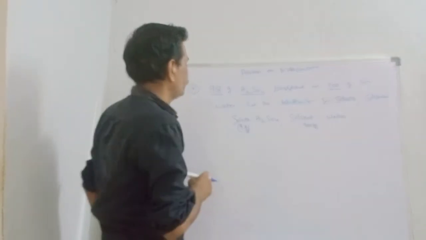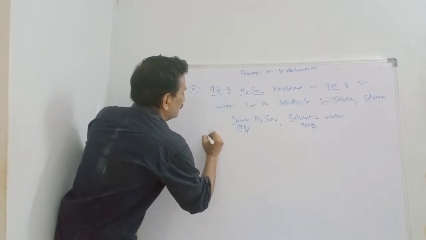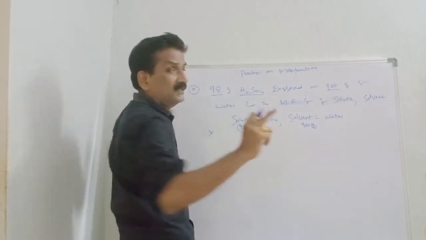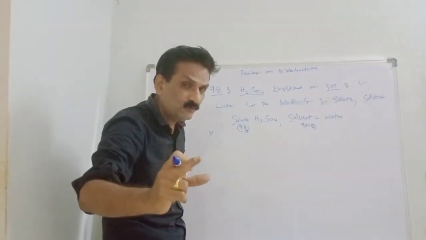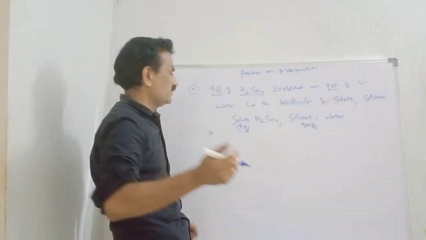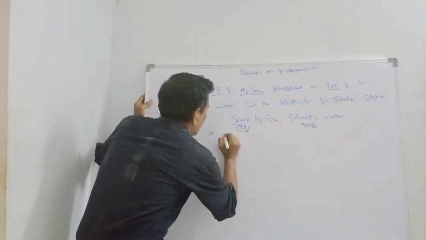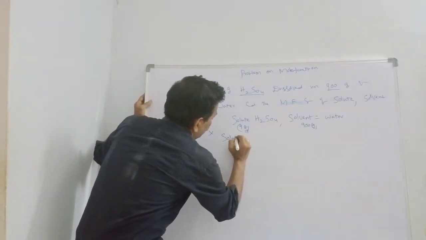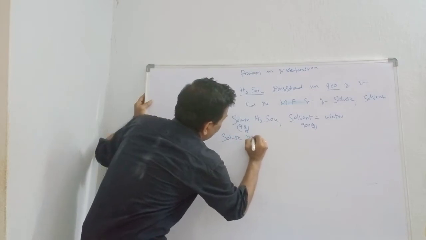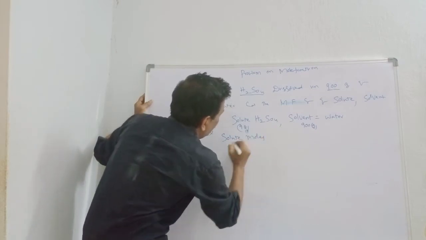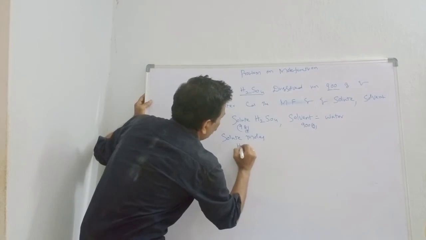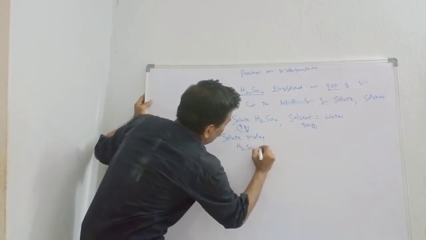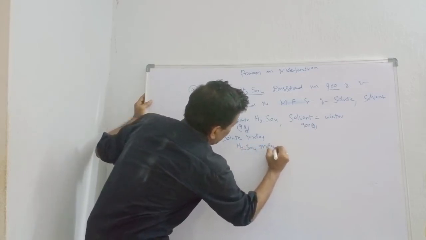First of all, you have to calculate the number of moles of solute and solvent. Solute moles. Solute means H2SO4. H2SO4 moles.